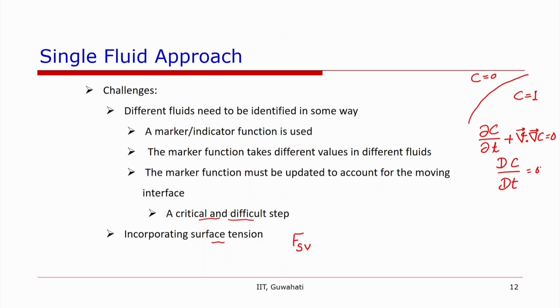This is done using the Green-Gauss theorem, and the surface integral is converted into a volume integral. Then the surface tension force is used as a body force in the momentum conservation equation as a source term.